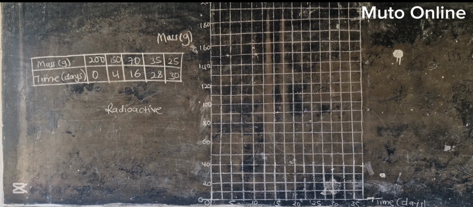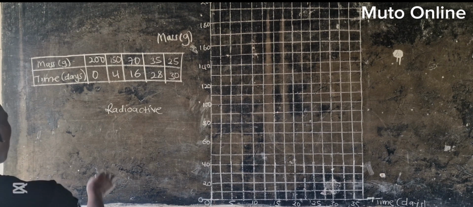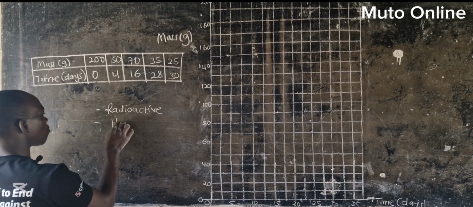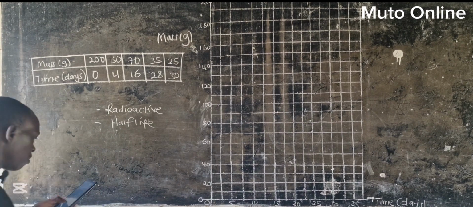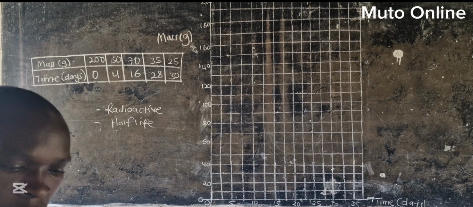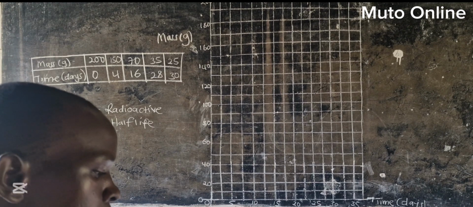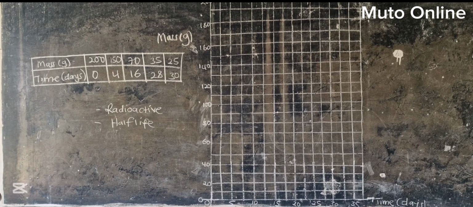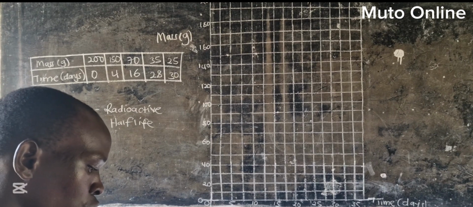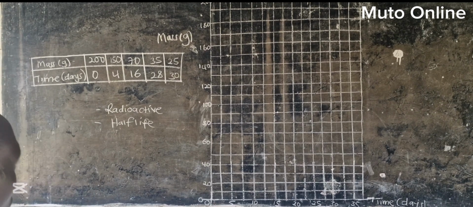Part B, use the graph to estimate its half-life. We again have another term, half-life. And then part C, explain the best way of storing this rare mineral. Then lastly, what are the dangers of exposing this mineral to the public?